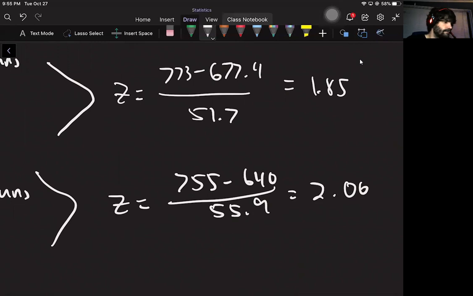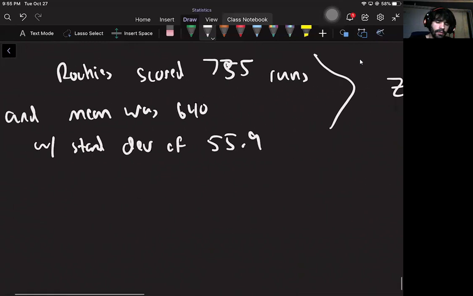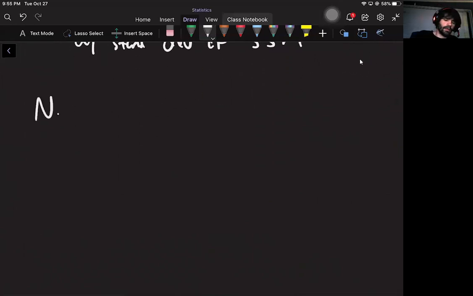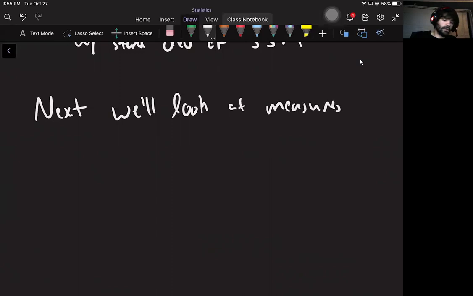Okay, so I thought this lecture kept going, but my notes have run out. So I guess I'm going to cut it here. Let me just see what we're going to do next time. Next we'll look at measures of position some more.